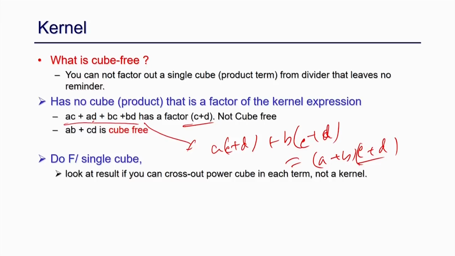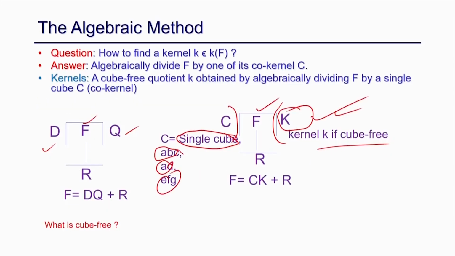So, this is not cube free, but this is cube free because I cannot find a cofactor of this, I cannot rewrite this expression in such a form that I can find such a cofactor. So, coming back to this, f is my expression, and I divide this by some single cube, not by multiple cubes. Cube means basically a product of those literals, that you already discussed.